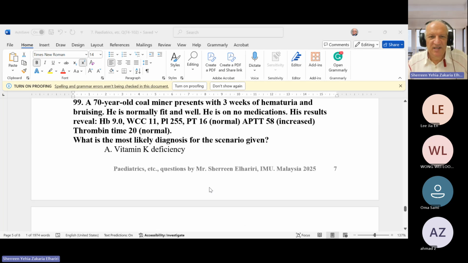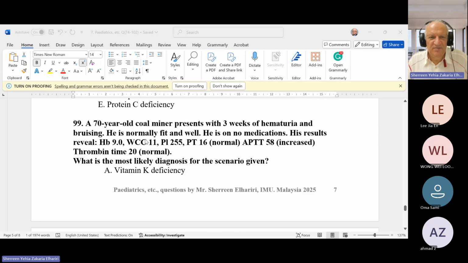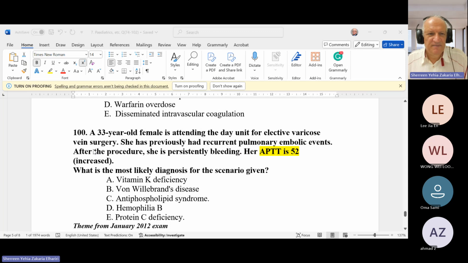You can find the platelets are normal, so not thrombocytopenia, but the APTT is increased, which means something abnormal in the clotting cascade. So it is some sort of hemophilia. Again, hemophilia can be A, B, C.